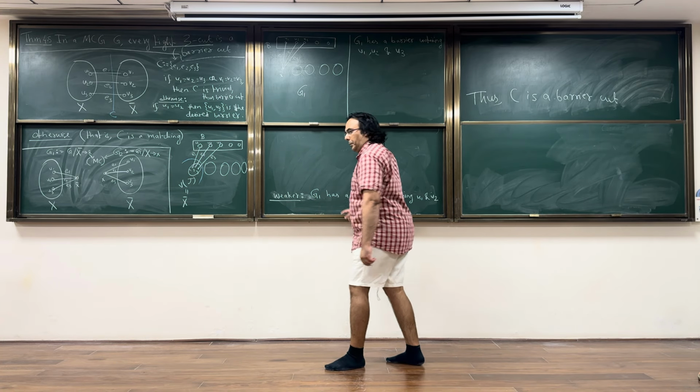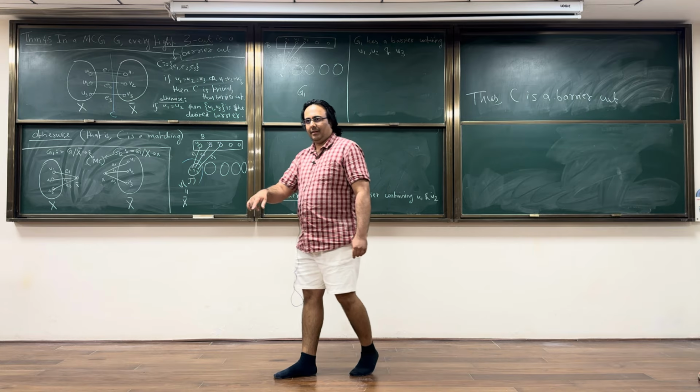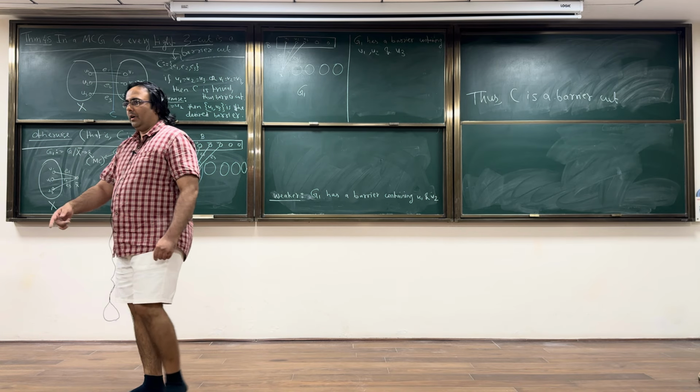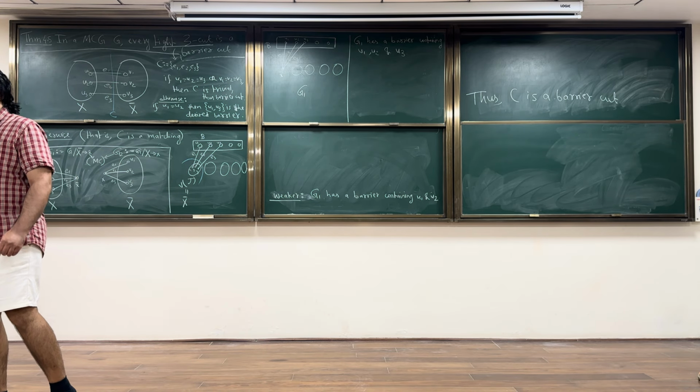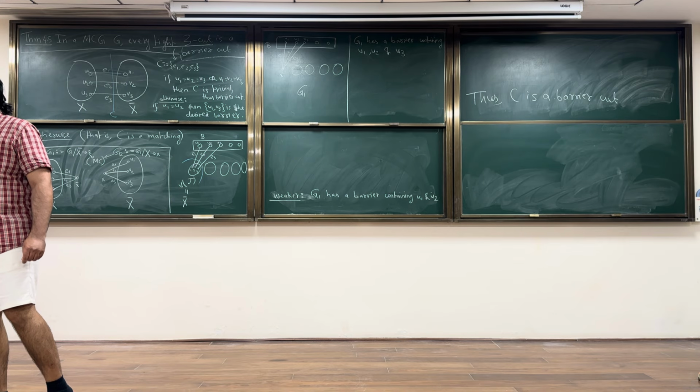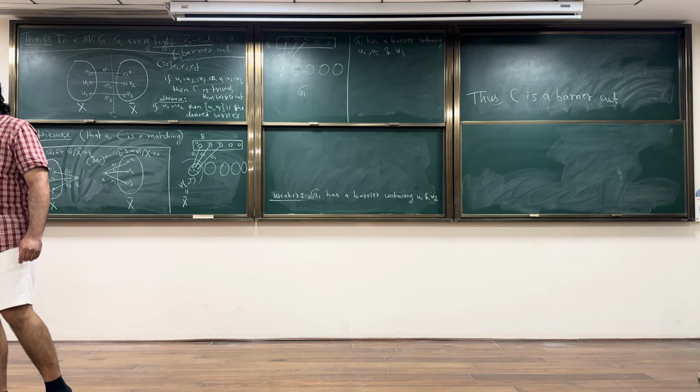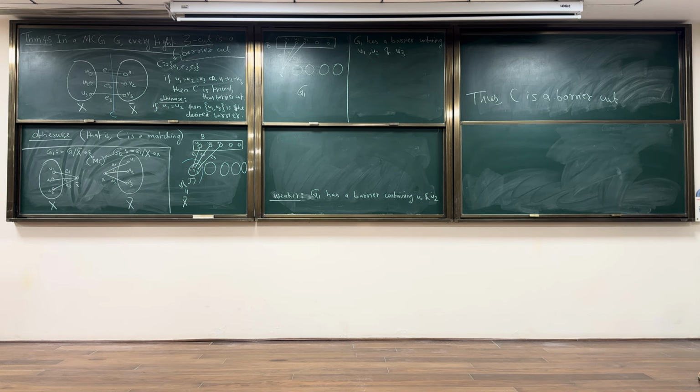Supposing neither of them has a barrier containing U1 and U2 or containing V1 and V2 respectively, what does that mean? Let's suppose that G1 does not have a barrier containing U1 and U2 and G2 does not have a barrier containing V1 and V2. To not have a barrier containing two vertices, what does that mean?